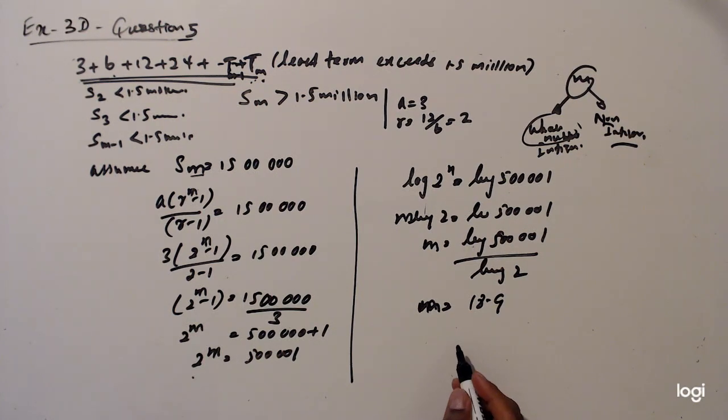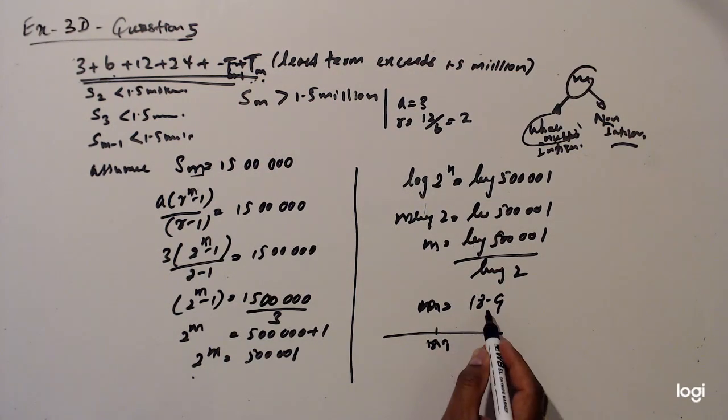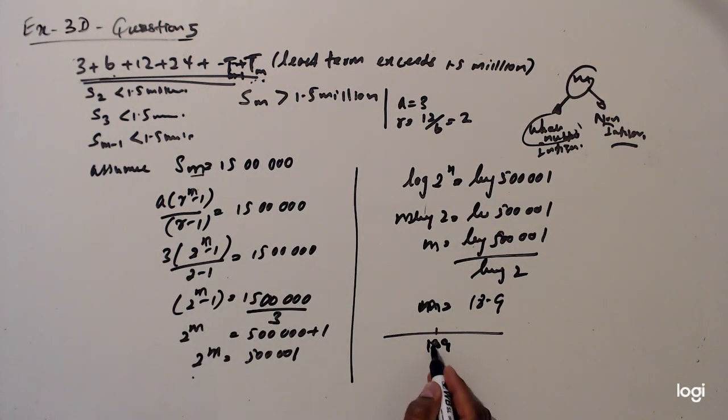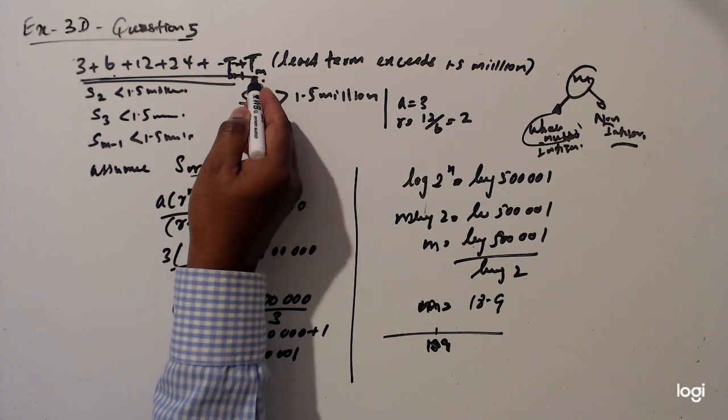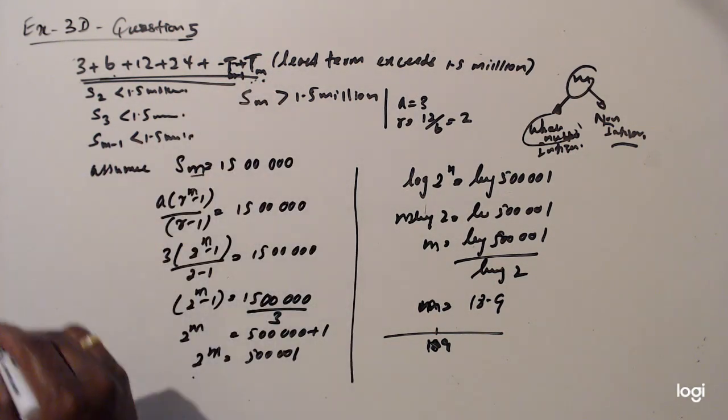Hence, when m equals 18.9, this is equal to 1.5 million. Mathematically, this is not wrong. The problem is, by definition, the term should be an integer.